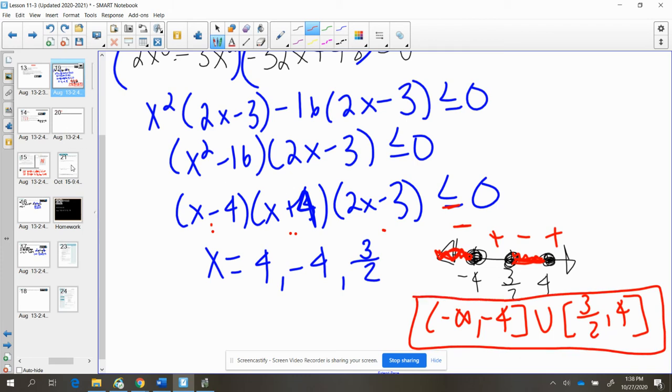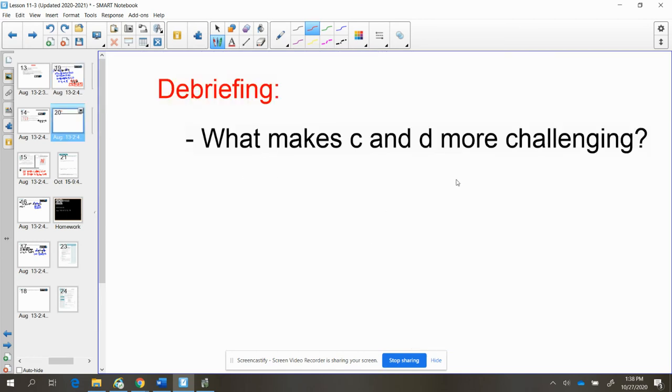So again, be careful. What makes C and D a little bit more challenging is you need to make sure that you move everything to one side before you get started finding your zeros.